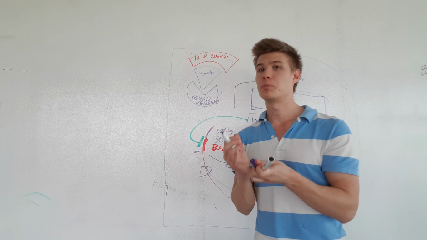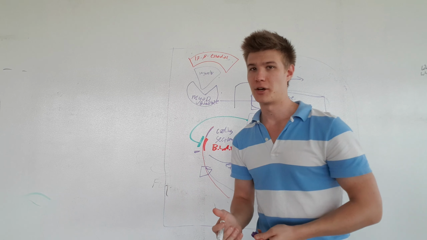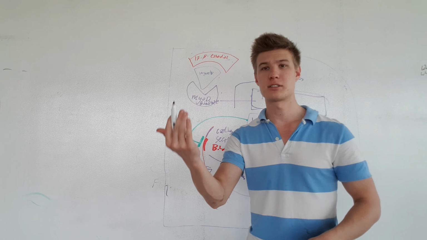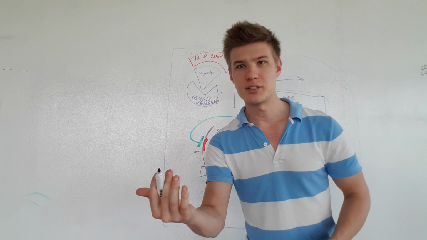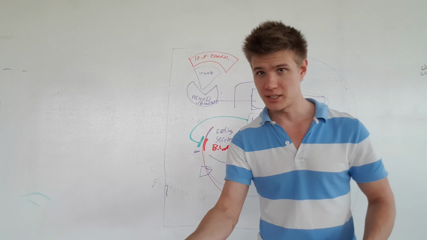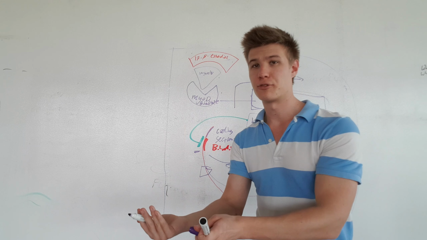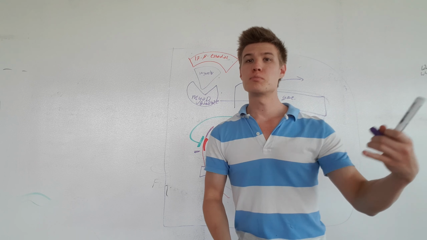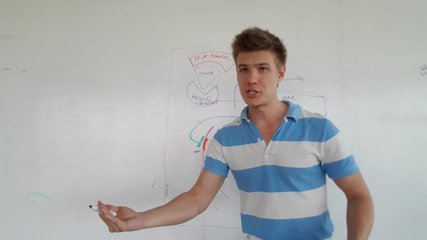These are places that would be expressed in differentiated cells. So MyoD binds to sites that are specific to differentiated cells, causing the expression of proteins which are important for differentiated cells.